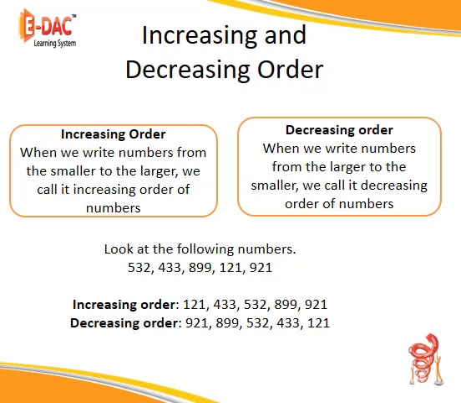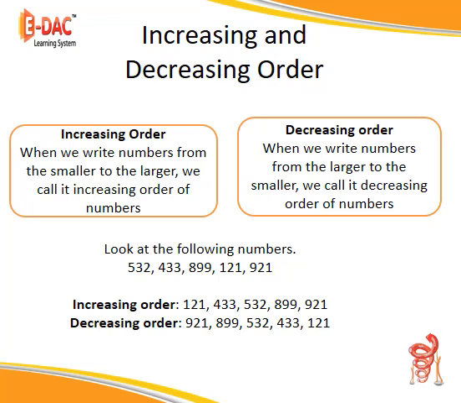For example, look at the following numbers. We have 532, 433, 899, 121 and 921. Now, we will arrange these numbers in increasing order.